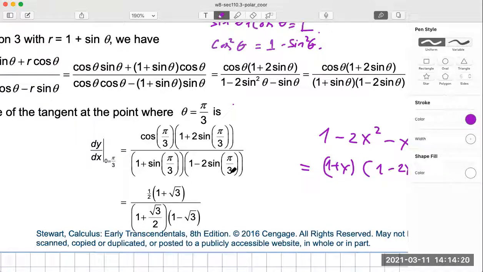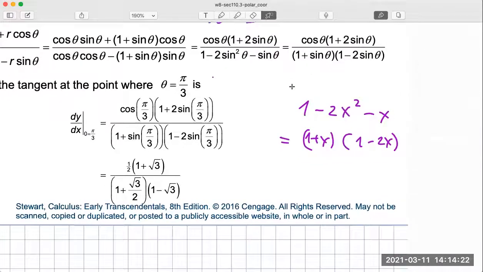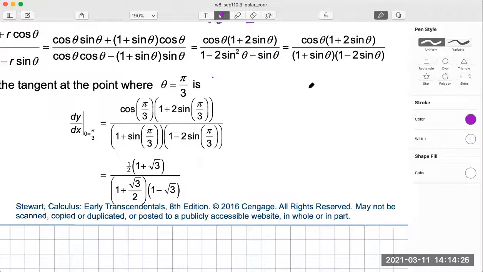Pi over 3 is a special angle. So remember this triangle. If this is 1, this is 2, this is pi over 3, this is pi over 6.